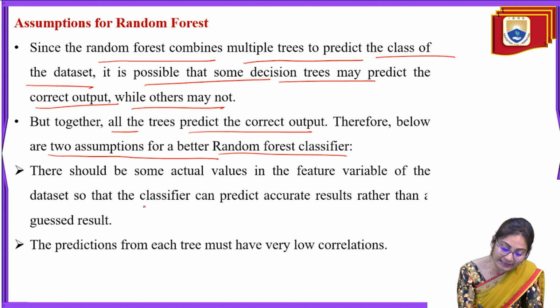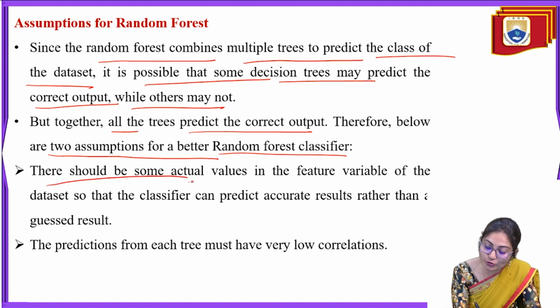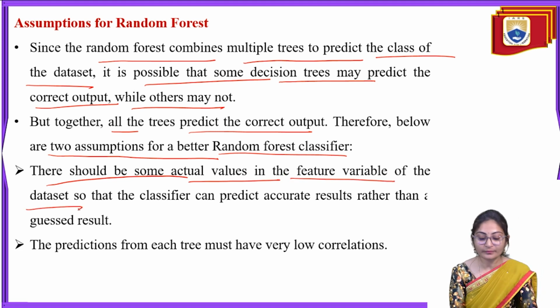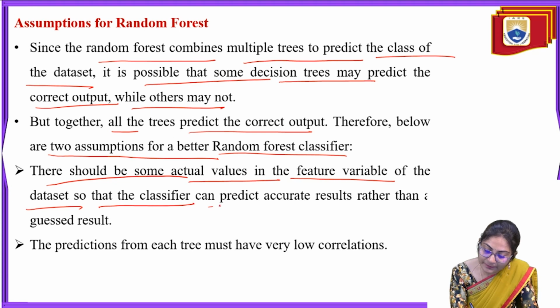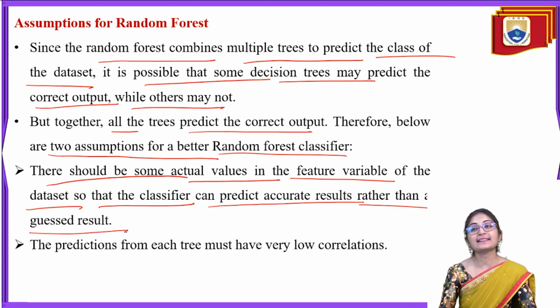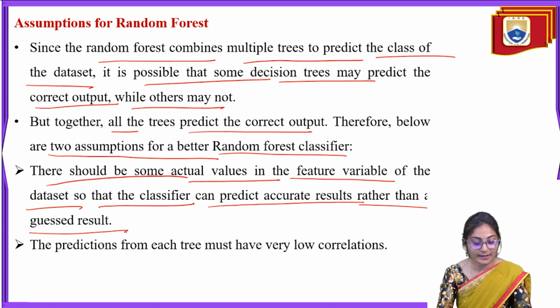First assumption is that there should be some actual values in the feature variable of the data set so that the classifier can predict accurate results rather than guessed results.